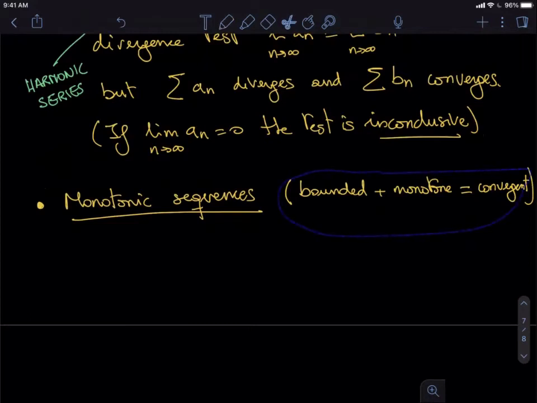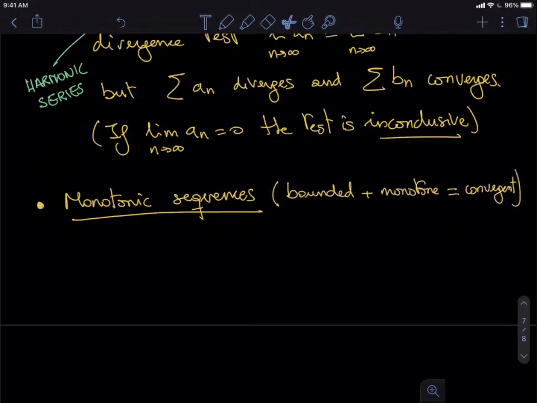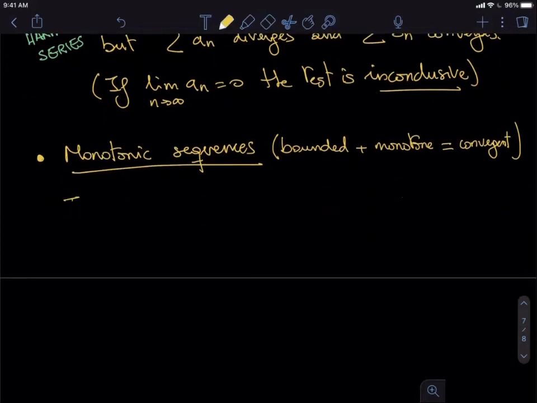We saw this in a previous video. And we can apply this also to series. We have this theorem: if we have a series, it can go from 1 to infinity or 0 to infinity, it doesn't matter, and all the a_n are non-negative, so bigger or equal than 0.